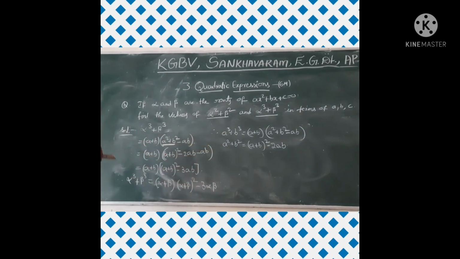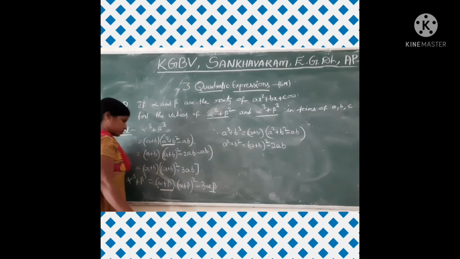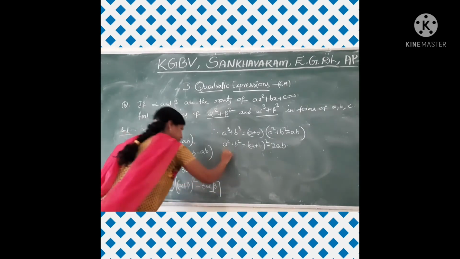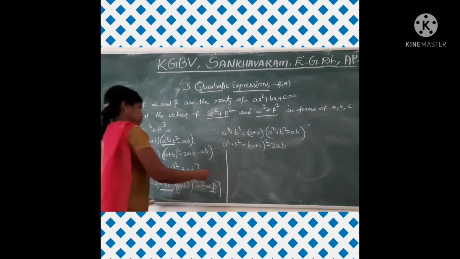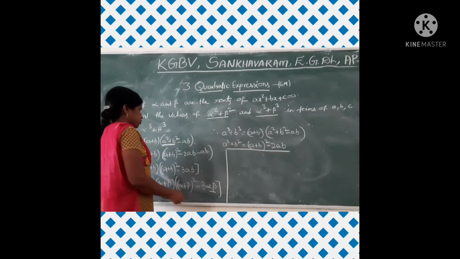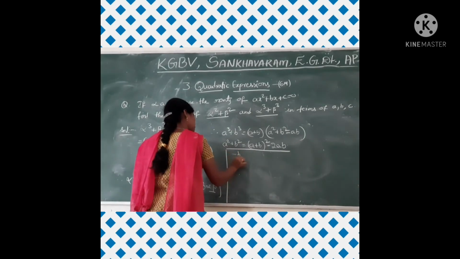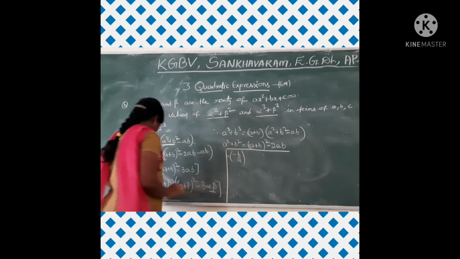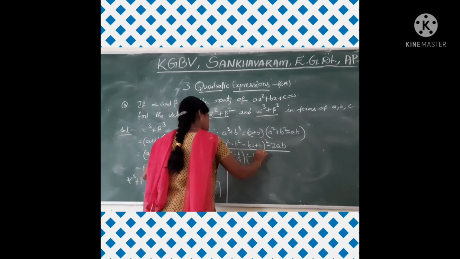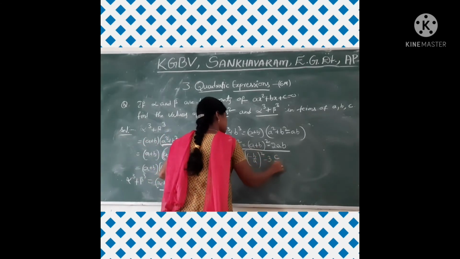Okay, now substitute the sum of the roots, this one, and here again the product of the roots. See here, alpha plus beta means sum of the roots, minus b by a, into again minus b by a whole square, minus 3 into c by a.